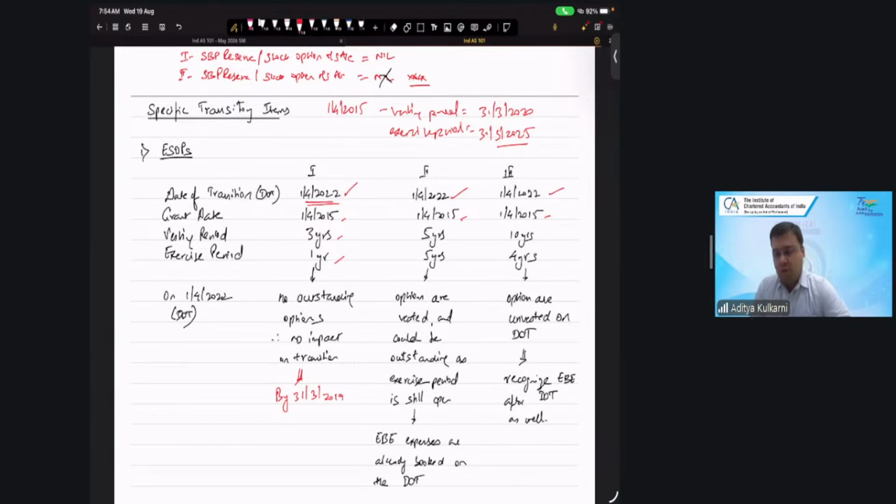In terms of vesting period and exercise period, in the third scenario, which period is over, which period is pending? Exercise is pending is fine. Is the vesting period pending, or vesting is also over?